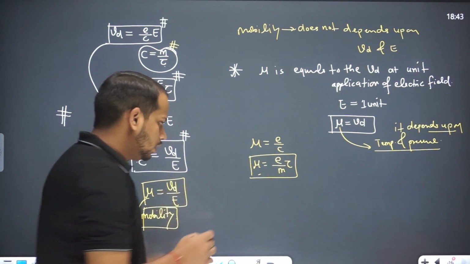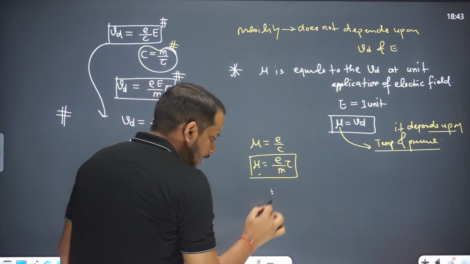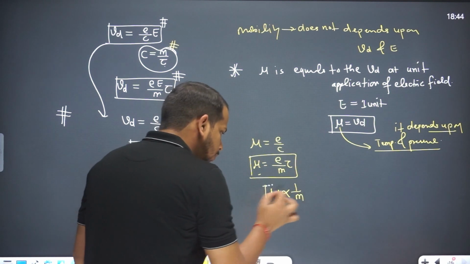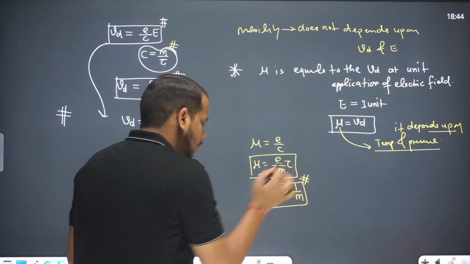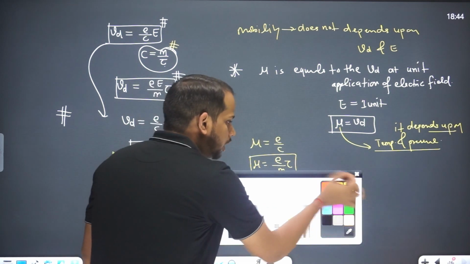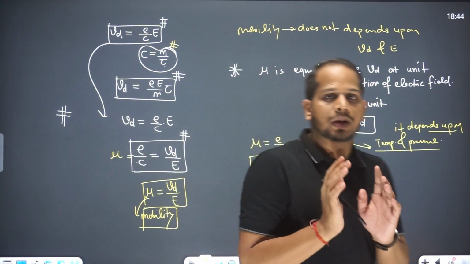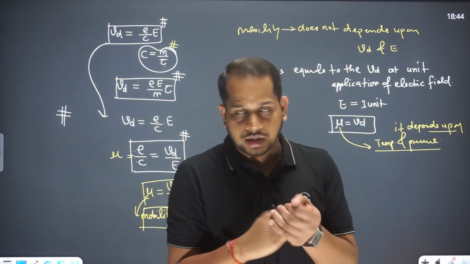So you can observe, or you can just write directly, that mu is proportional to 1 by m. It means the mobility is inversely proportional to the mass. What is the meaning of this?